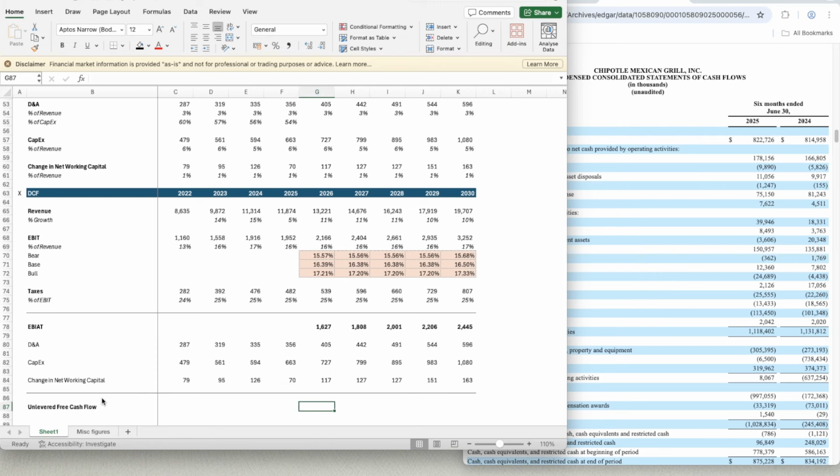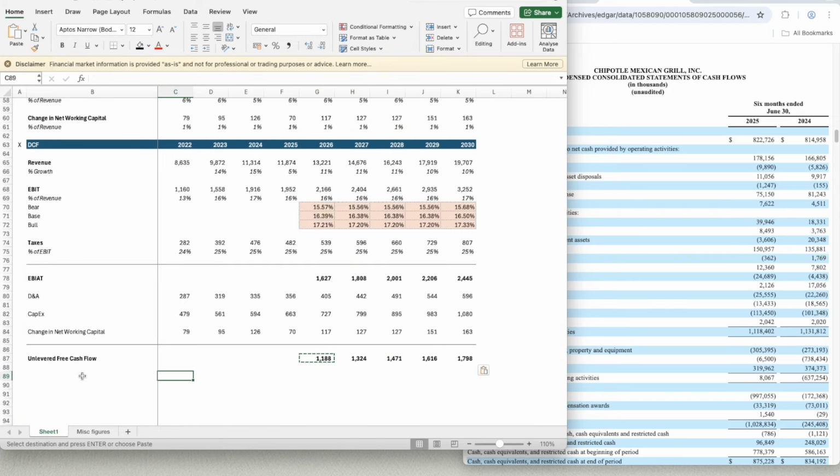So the way we do that is we take the EBIT, we add back in depreciation and amortization because it is a non-cash expense. We subtract the capex, and we subtract the change in net working capital. And that gives us 1.188 billion in free cash flow forecast for next year.